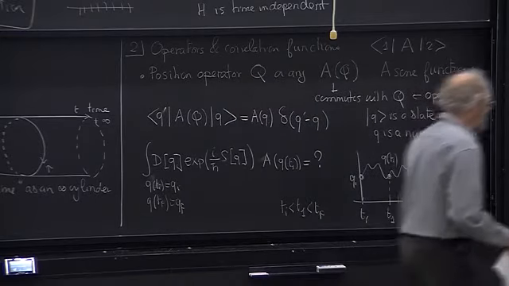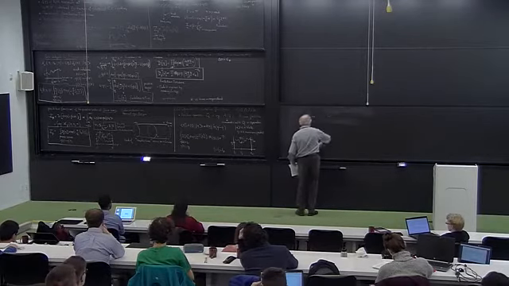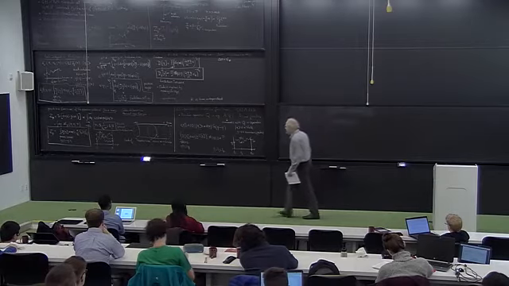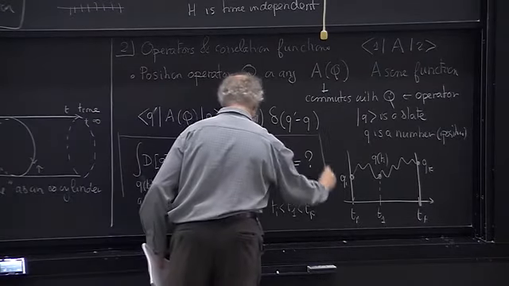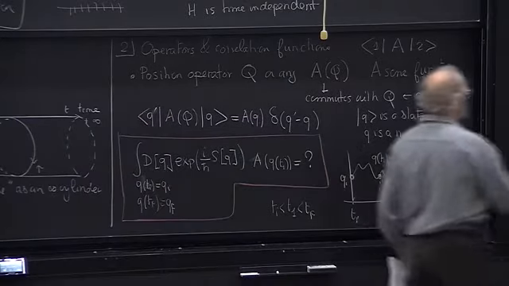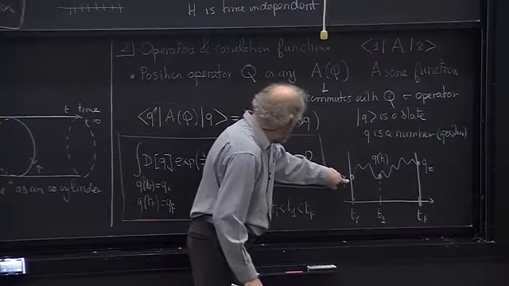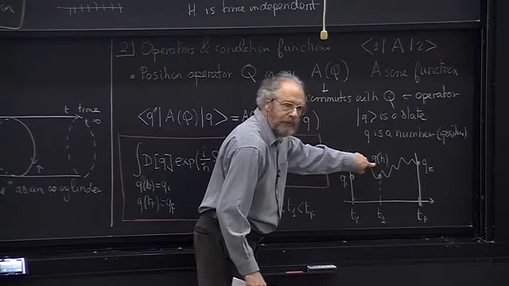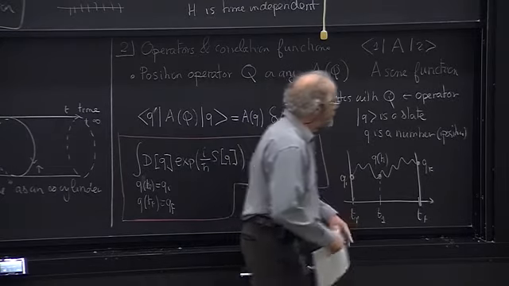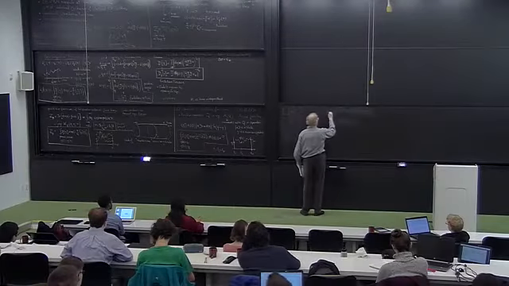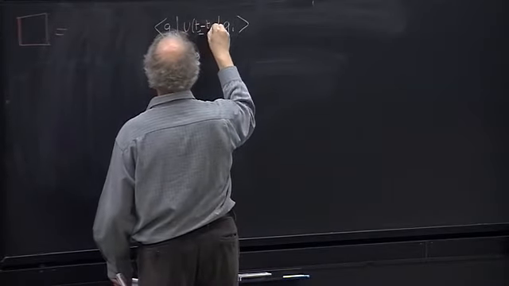It is quite easy to see that this object is nothing but, if you fix q of t1 to be a given q1, the matrix element between q initial and q1 of U of t1 minus t initial.